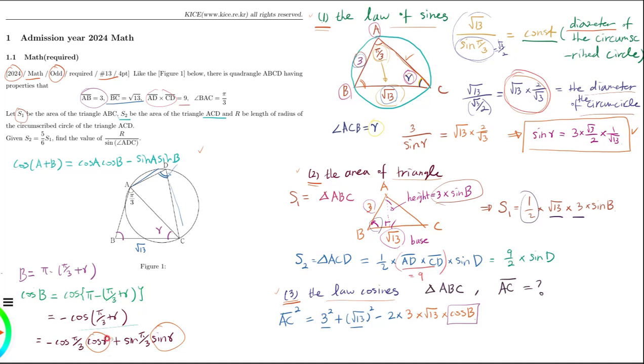And the cosine gamma is nothing but, because this is an acute angle, the cosine gamma is positive, so the square root of 1 minus the square of sine gamma.